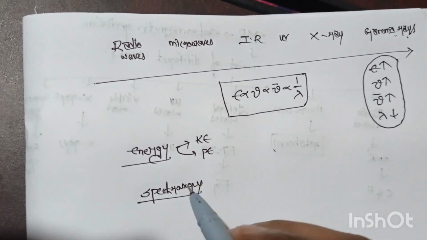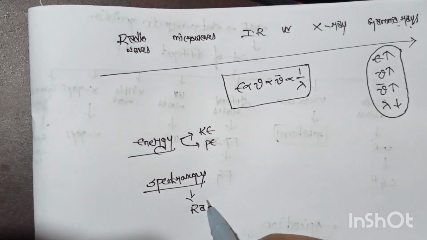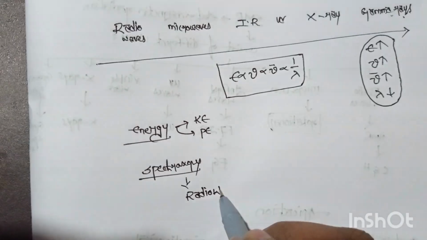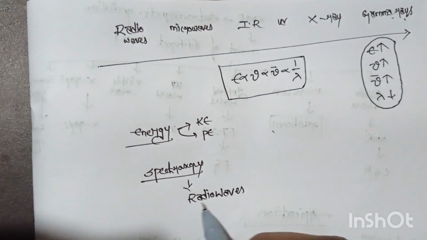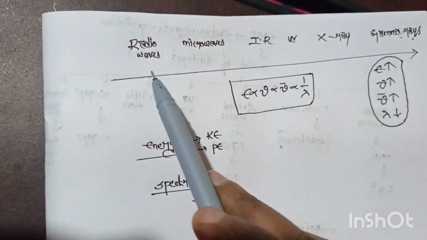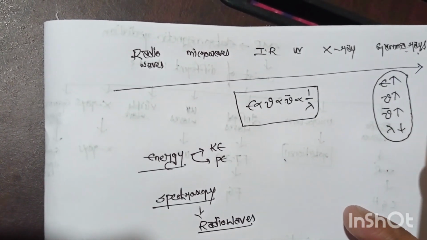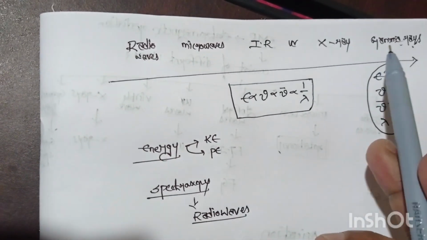Okay. So first of all, radio waves. Initially, I was saying that radio waves have less energy when compared to gamma rays. Gamma rays have the highest energy when compared to all the other waves, right?